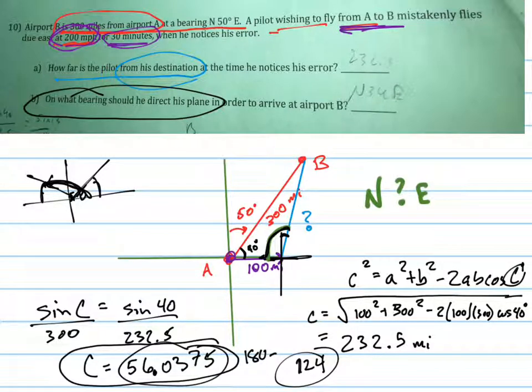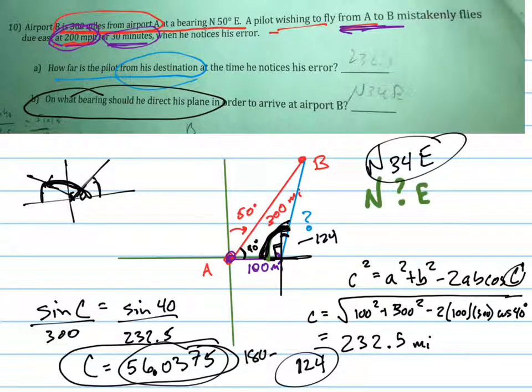But we're still not done, because that's not the bearing. This angle is 124, but we want to subtract out 90, and that gives us the bearing. So subtracting 90 gives 34, and there's your north 34 east.